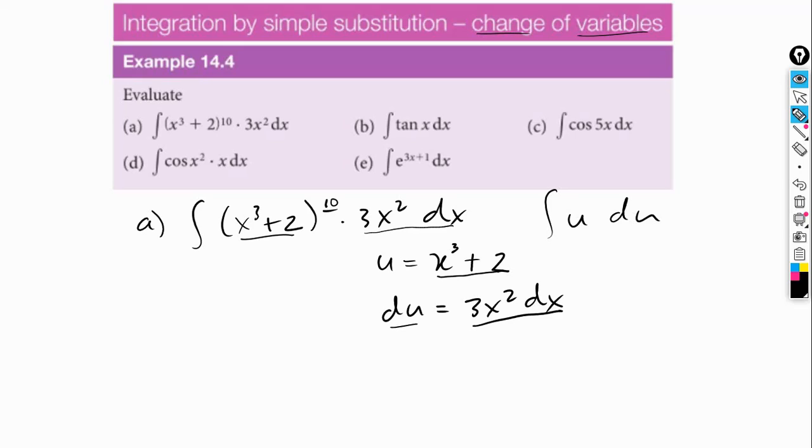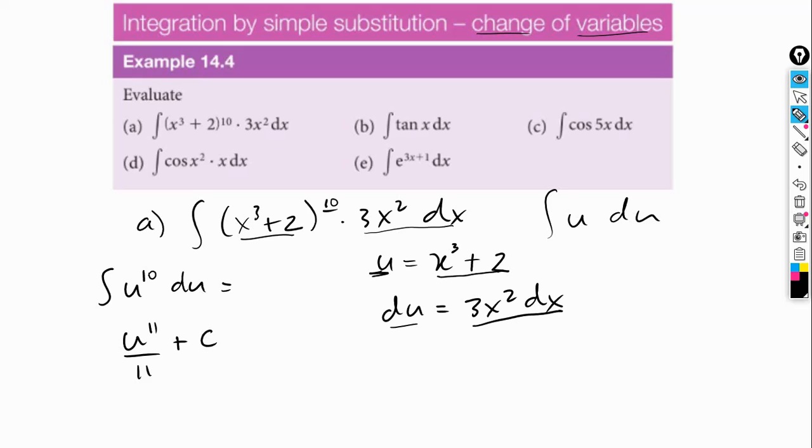So this ends up being the integral of u to the power of 10 du. And now we can do a simple integration using the power rule. So this will be equal to u to the 11 over 11 plus c. And then all we have to do is a subsequent substitution again.